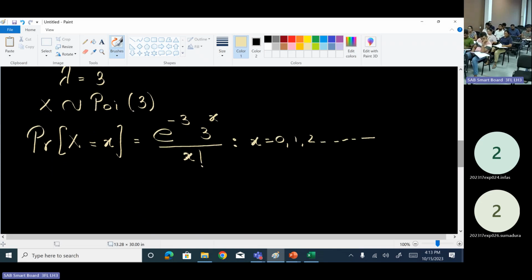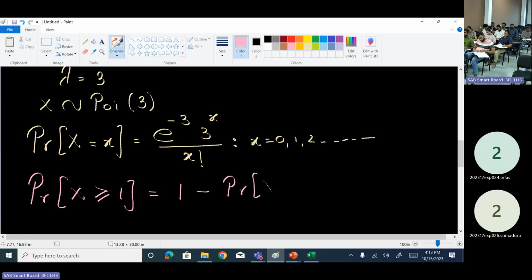Finding a greater-than probability is difficult in Poisson, so we go for the complement: 1 minus the probability X less than 1. The only option here is X is 0.